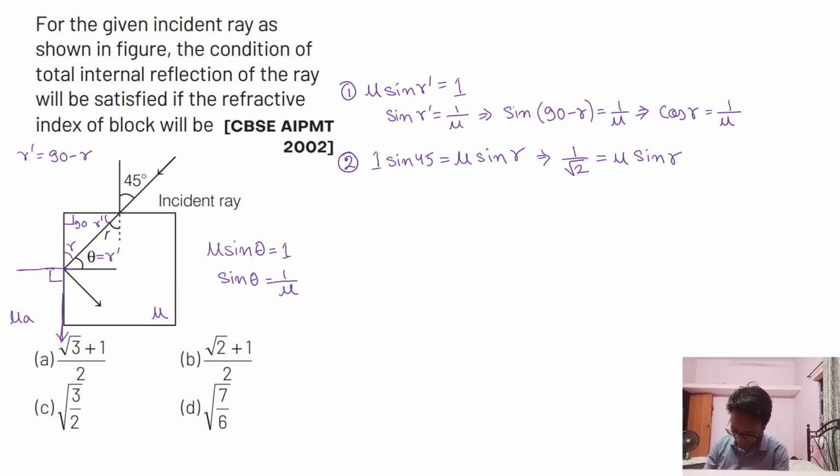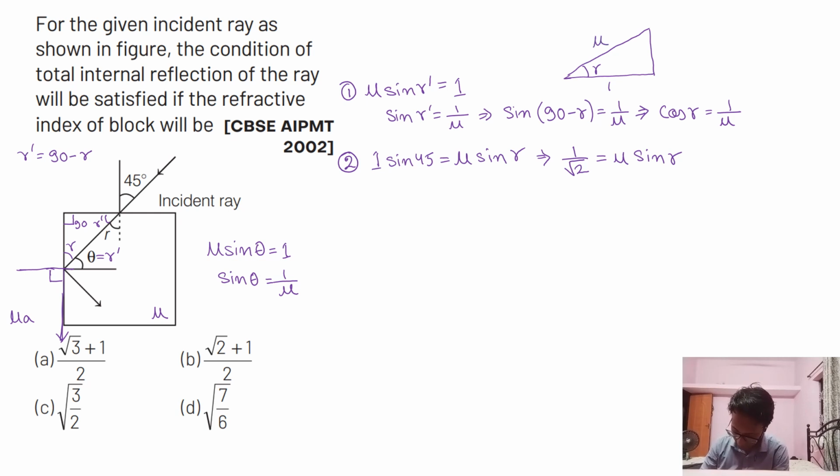Okay, now I have two values. Cos of r is equal to 1 by mu, and sine of r I have to find out. So if I draw a triangle with angle r, if cos of r is equal to 1 by mu, that means the base is 1 and hypotenuse is mu.